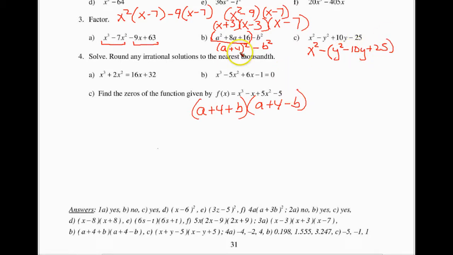Some little tricky stuff. So it's similar to this, but done this way. So this is x squared minus y minus 5, the quantity squared.